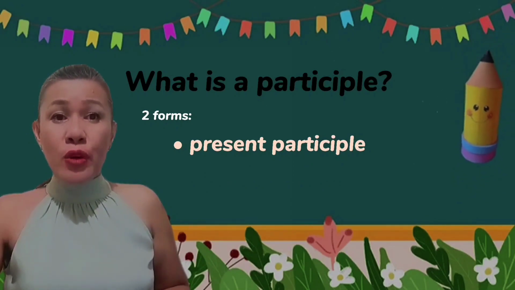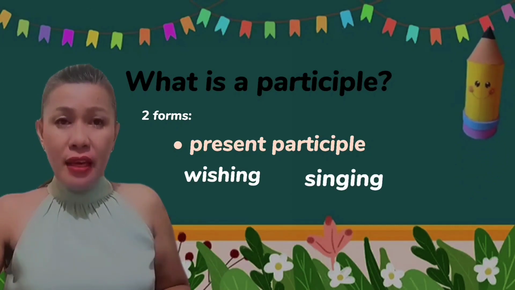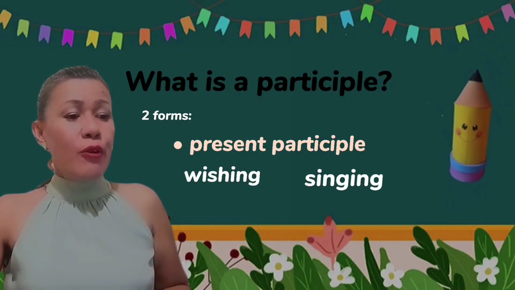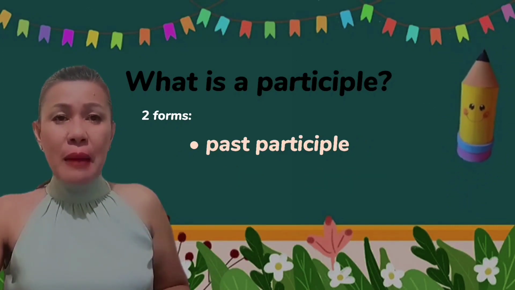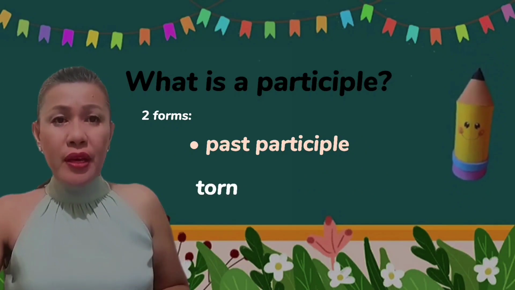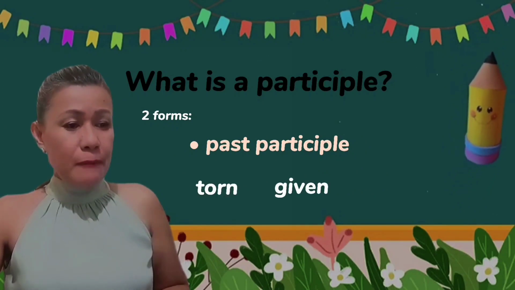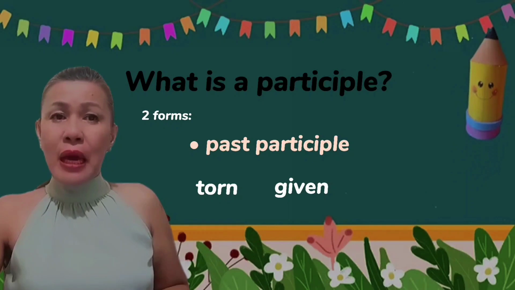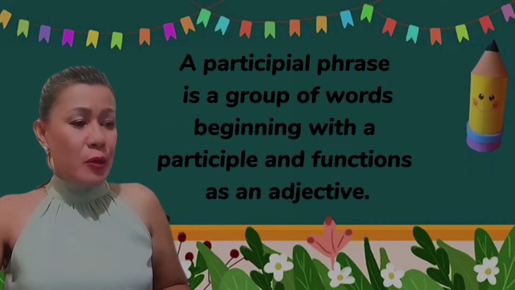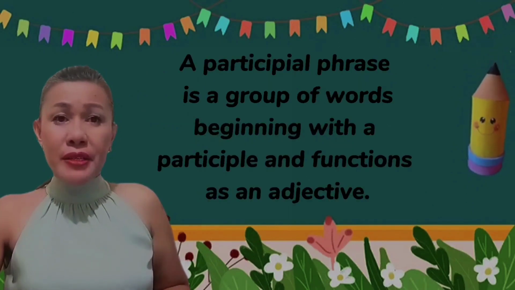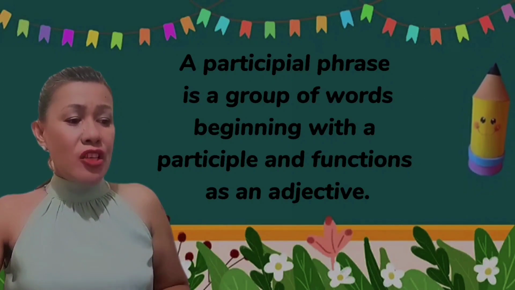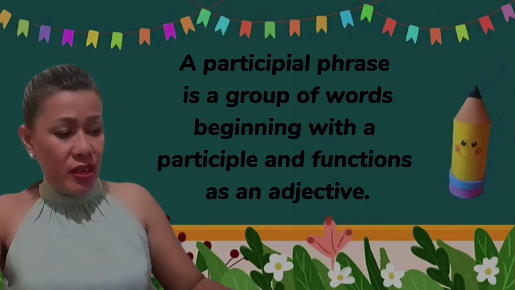For example, wishing, singing. Okay? For the past participle, we have examples like torn, given. Okay? So, going back, a participial phrase is a group of words beginning with a participle and functions as an adjective.